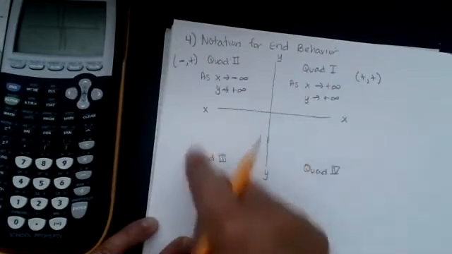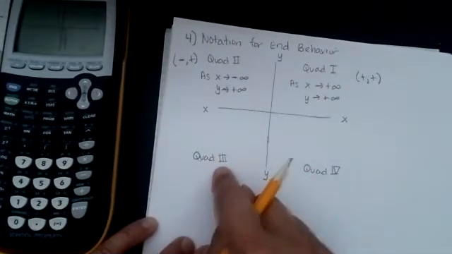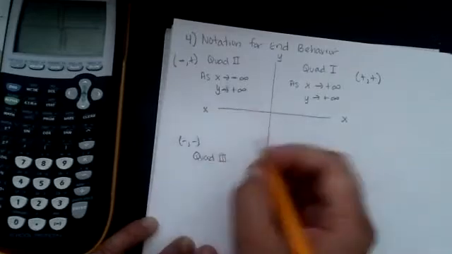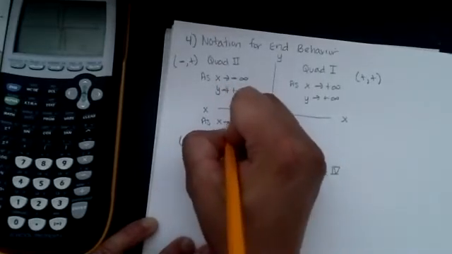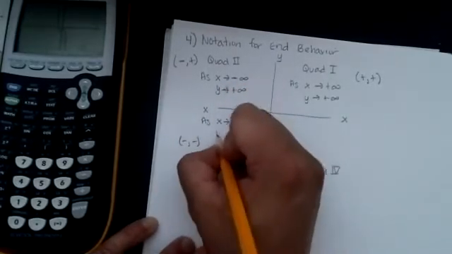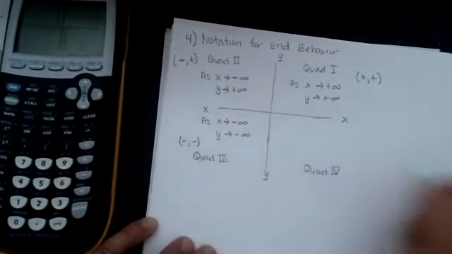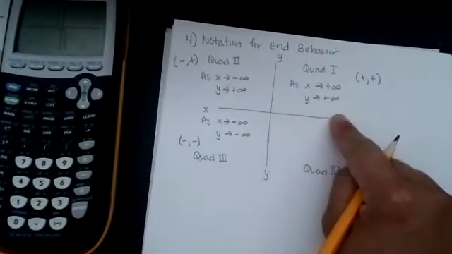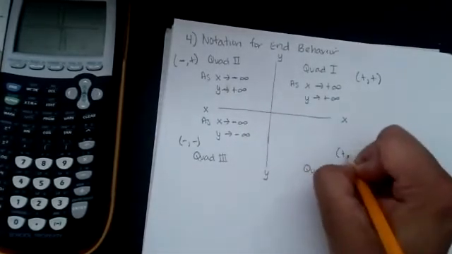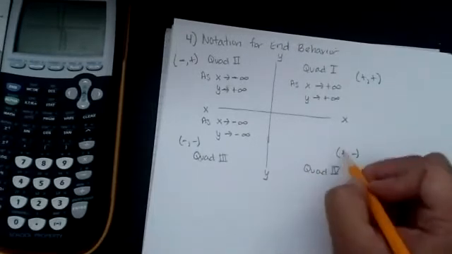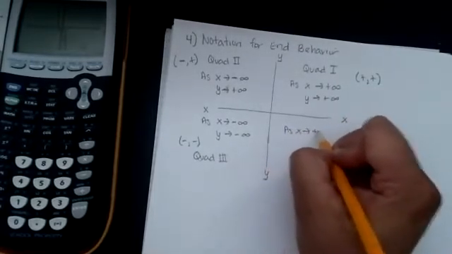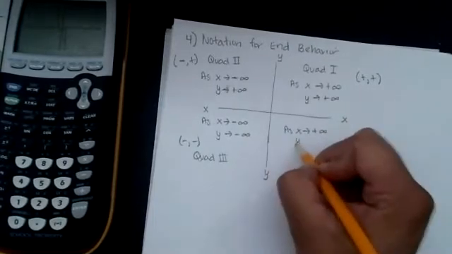Right here, x's are negative and y's are negative. So because they're both negative, as x is increasing, it's going to negative infinity, and as y is increasing, it's also going to negative infinity. And then in quadrant 4, the x is positive, but the y is negative. So that means x is going to positive infinity, but the y is going to negative infinity.